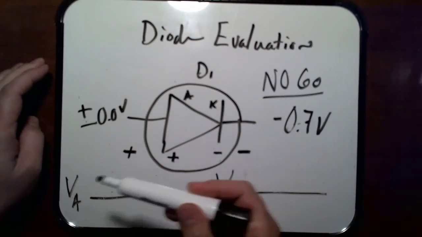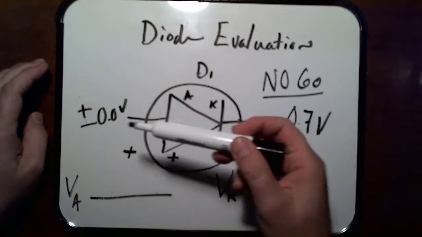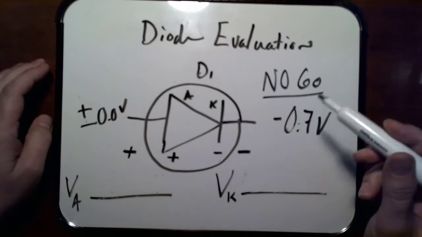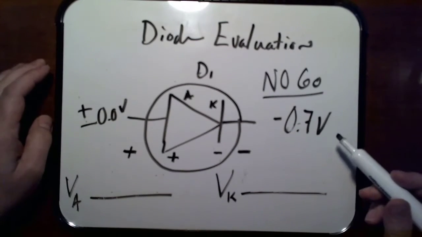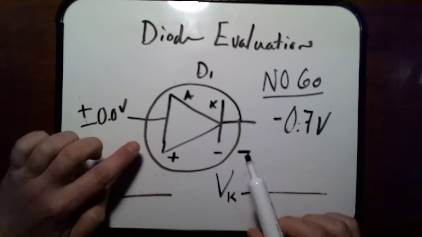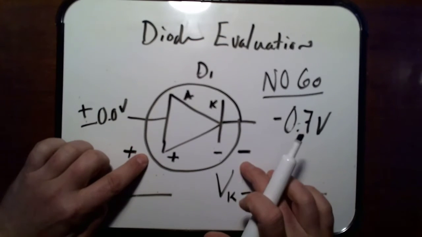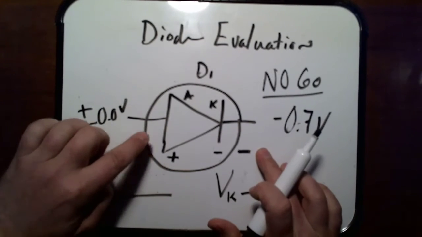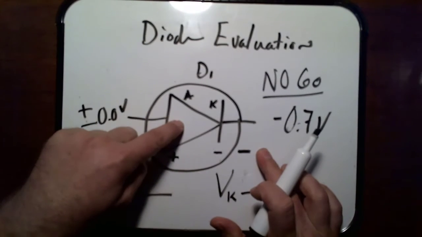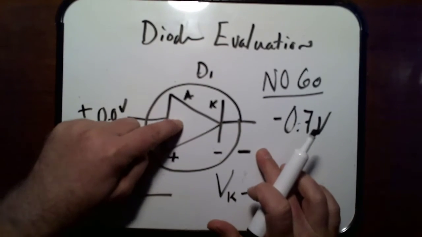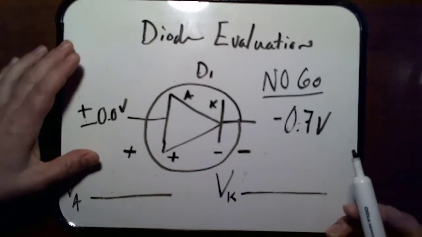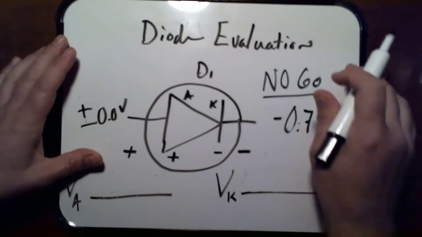My current is flowing right to left, so I know that my symbols agree. My external voltage applied to my diode, that polarity, those match. So I have a go in this instance.